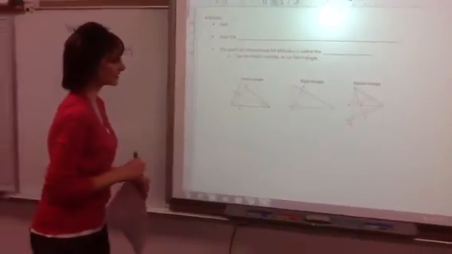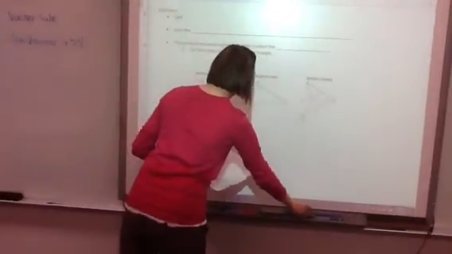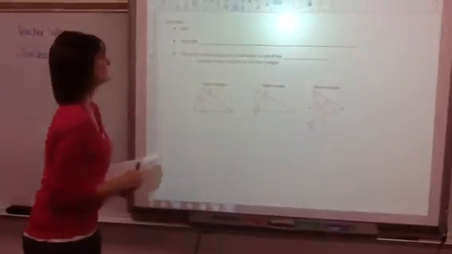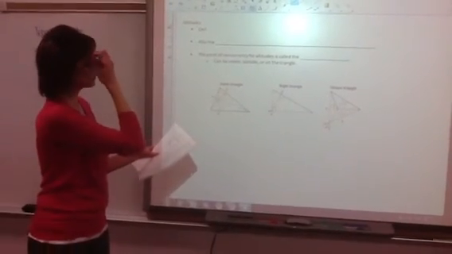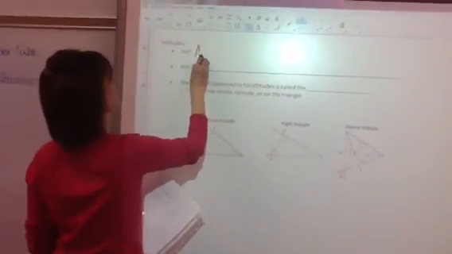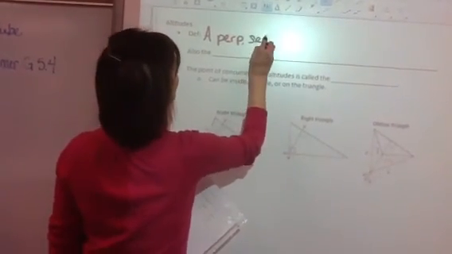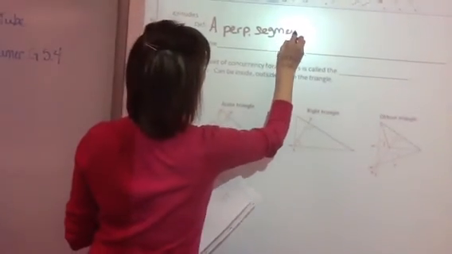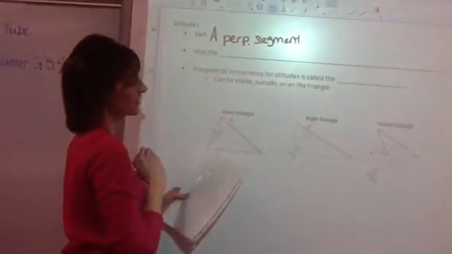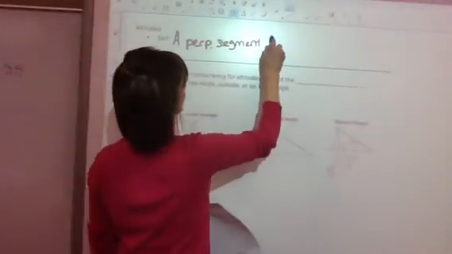All right, let's talk about altitudes. The definition of an altitude is a perpendicular segment from the vertex to the opposite side.